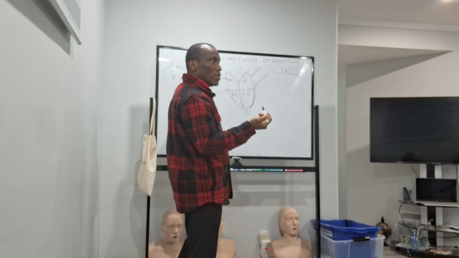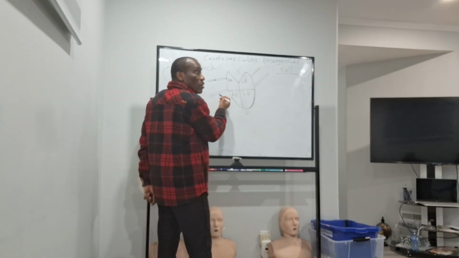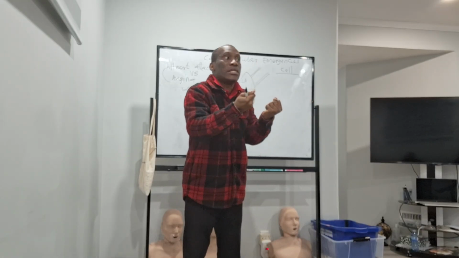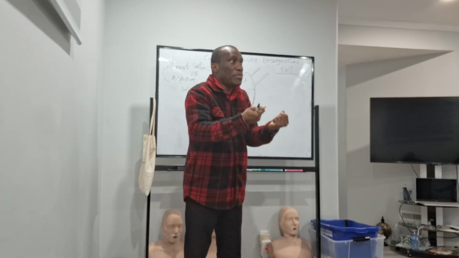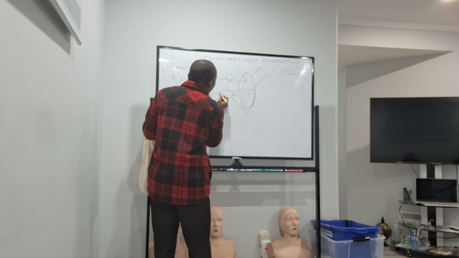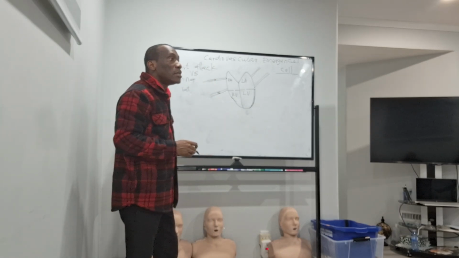Over time, okay, the wall of the artery, over time they begin to harden. They begin to harden because of deposition of maybe oil, fat depositing on the wall of the artery, making them hard.